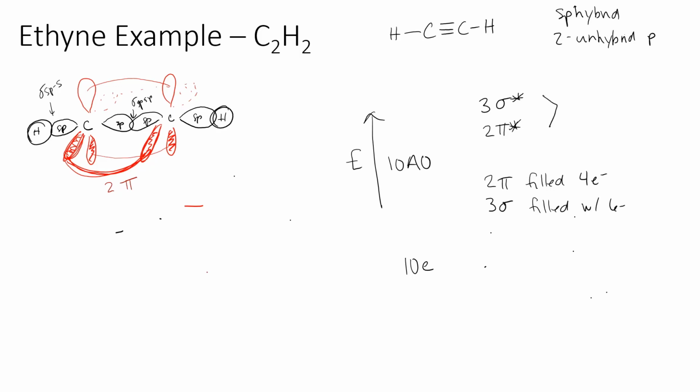So it means all of my anti-bonding molecular orbitals will be empty. To then define the HOMO and the LUMO, the pi bonding molecular orbitals will be my HOMO. The pi anti-bonding molecular orbitals will be my LUMO. Those 2 pi bonding are degenerate, the 2 pi anti-bonding are degenerate. So once again, we would not say which one of them is the HOMO, but that would be our HOMO level.